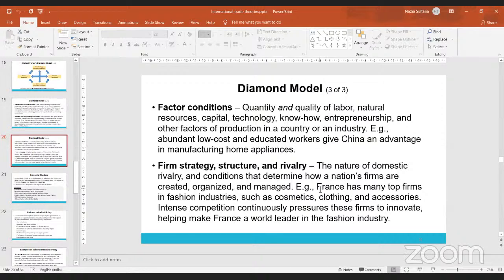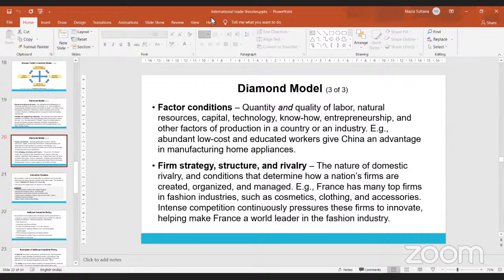You have an example here, France, which has some of the top companies in the fashion industry, like cosmetics, clothing, and accessories. So many brands come from France. When you plan to enter this industry, your competition will be all these giant companies in France. So you will have to constantly do something innovative to remain a leader in the market.